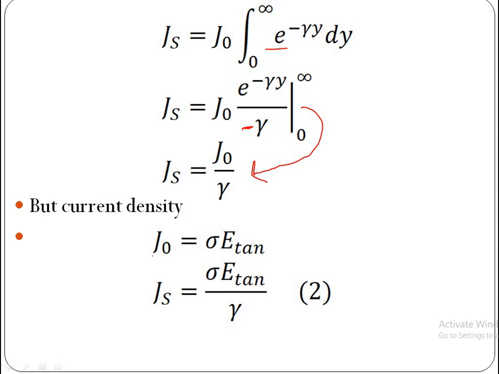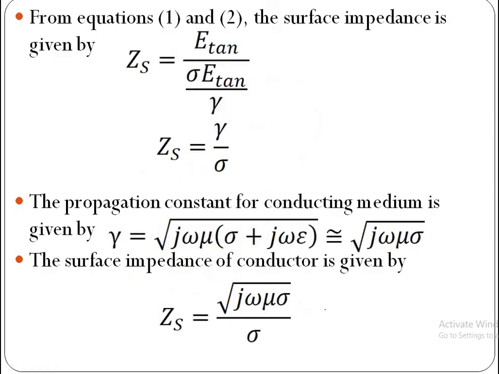But the maximum current density J naught is equal to sigma into E tangential component. Now substitute this value in this equation, then Js is equal to sigma into E tangential component divided by gamma. Take it as equation 2.